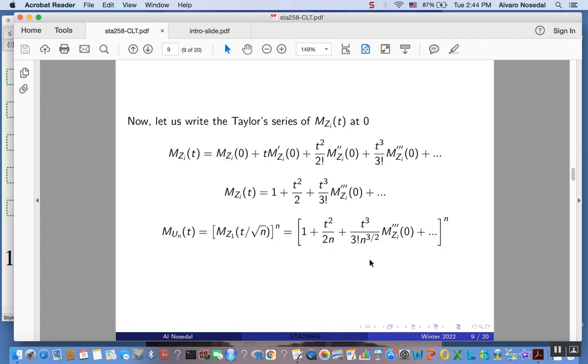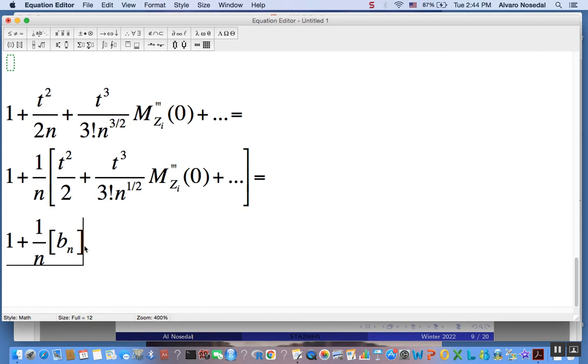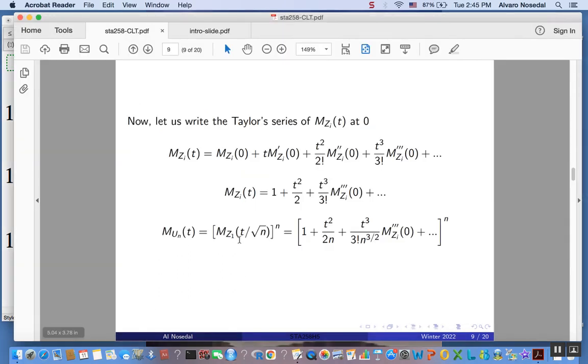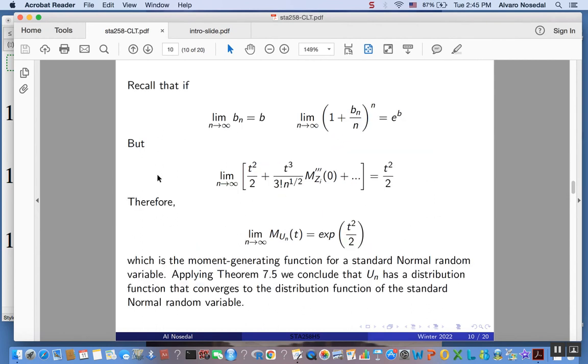So as n goes to infinity, note that the limit of Bn is going to be just this guy, t squared divided by 2, right? Okay, so the limit as n goes to infinity of this is t squared divided by 2.